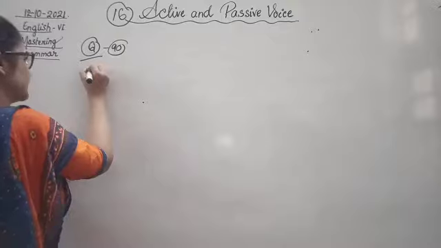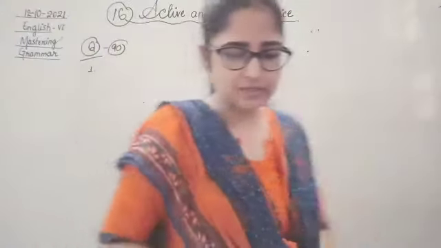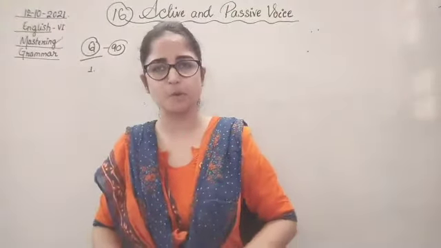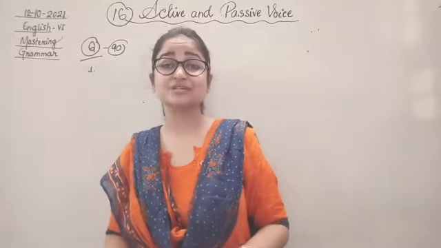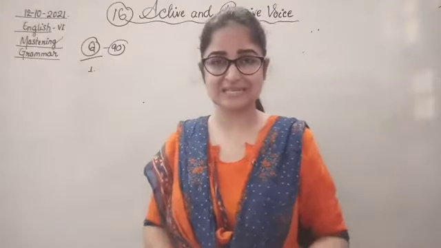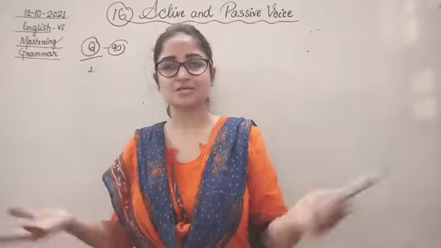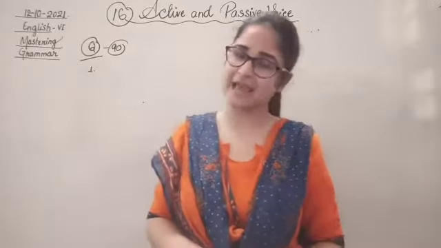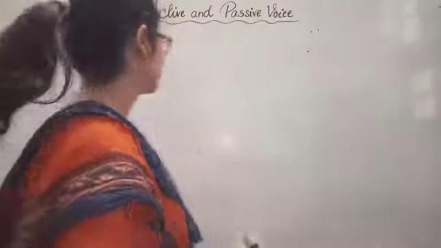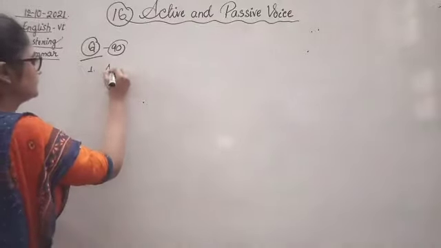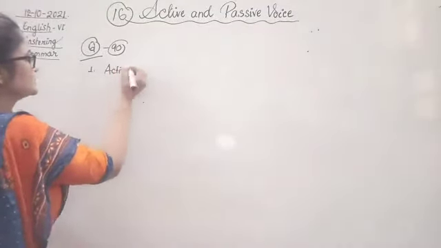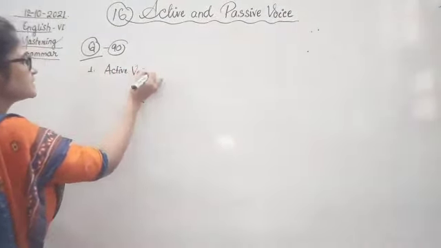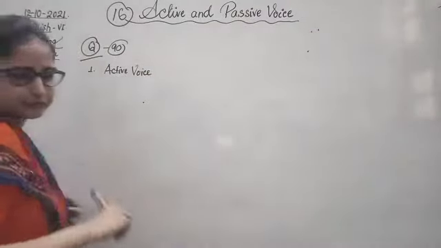Number 1. The dog is chewing a bone. Yes, is chewing. It's in present continuous tense and the dog is only doing it. So the doer is the subject. So this is an active voice. We have to write it's active. How can we change it into passive voice? Let's change it into passive.